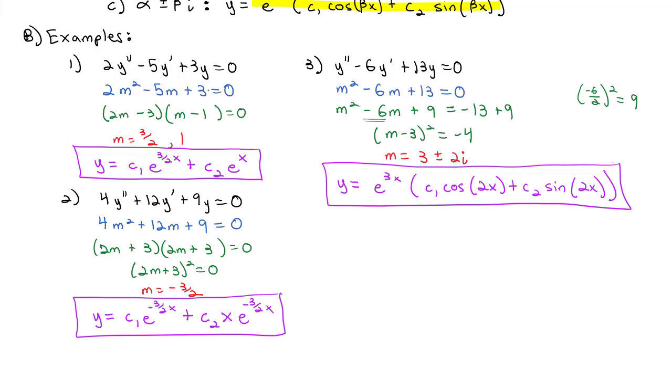Now, in all three of these examples, we have looked at second-order differential equations, but this same theory can extend to higher-order differential equations. Let's try one last example. Let's do the third derivative of y plus the second derivative of y plus 8 times y's first derivative minus 10y equals 0.